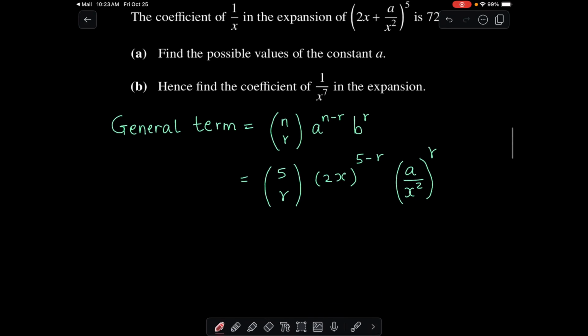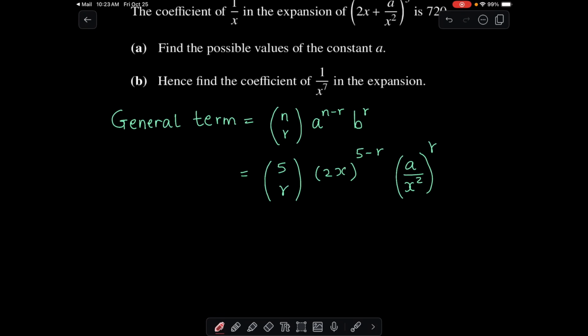I'm going to leave in the description box the link to how you calculate the coefficient of 1 over x, or also you can follow along this video again to remember or revise how to calculate the coefficient of 1 over x. So I'm just going to ignore the coefficients of x, so ignore the 2 and a. So we're just going to work with the x and its powers.